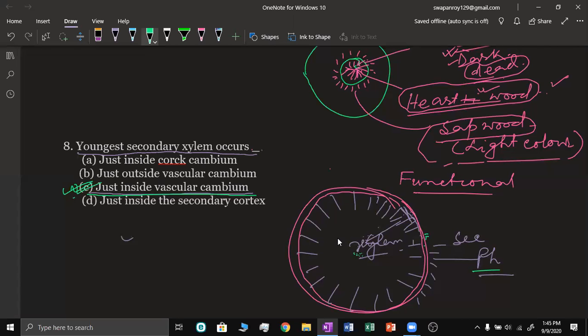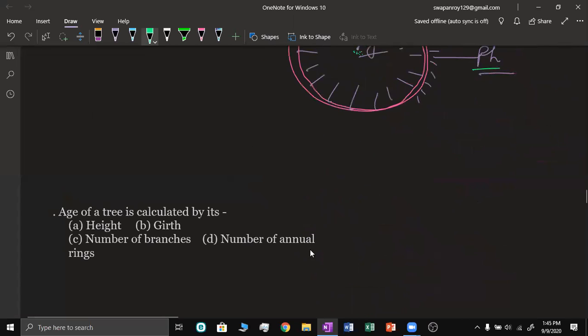Next one, age of the tree is calculated by height, girth, number of branches, and number of annual rings. Number of annual rings. Annual ring is also known as growth ring.